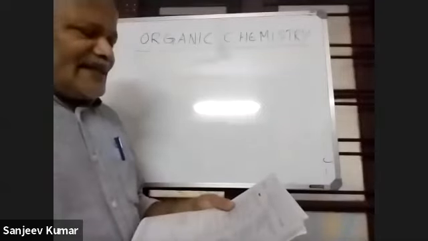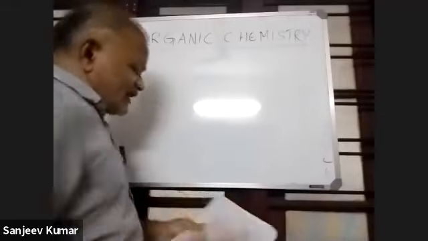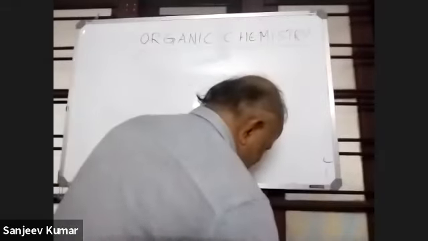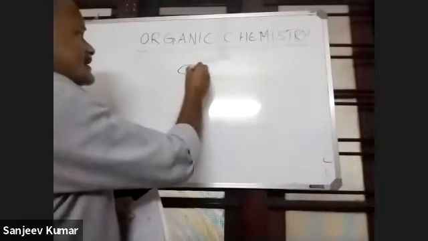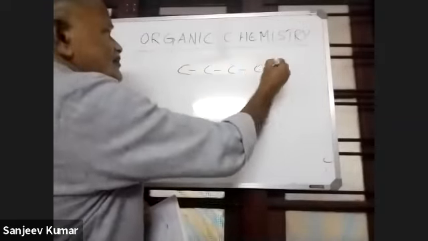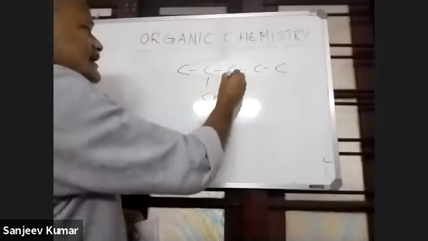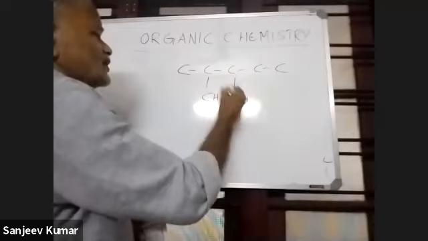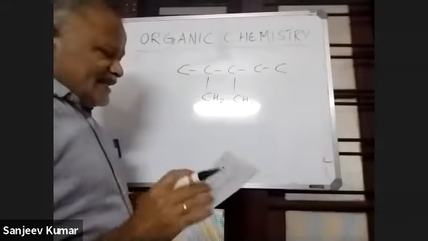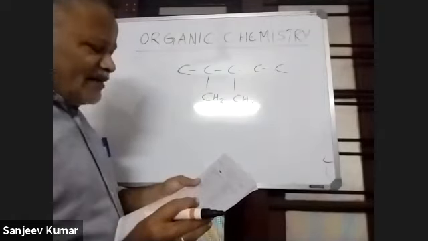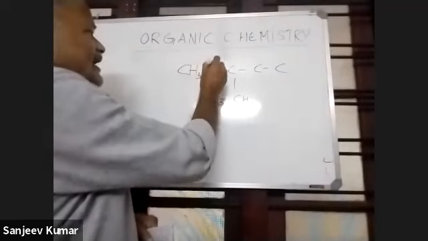We know that 2,3-dimethyl pentane means there are 5 carbon atoms in a straight chain, as in pentane. 2,3-dimethyl means 2 methyl groups are on the second and third carbon atoms. We then substitute the other valencies by hydrogen.